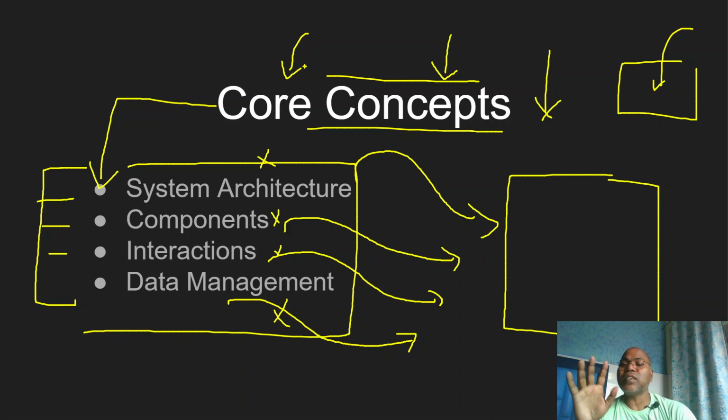Code implementation is the last part: implementing, testing and delivering. But before that, you have to think about your architecture, components, interactions and data.